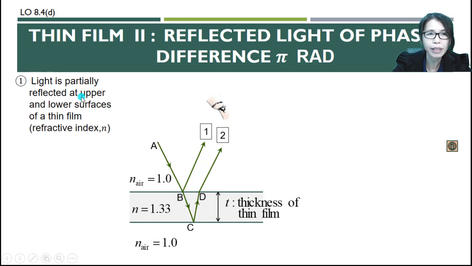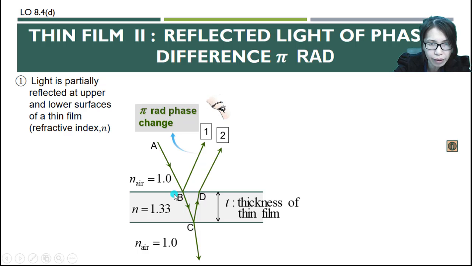Light will be partially reflected at the upper surface of the thin film, forming reflected ray 1, and at the lower surface of the thin film, forming reflected ray 2. Reflected ray 1 will experience a pi radian phase change because it is reflected when it travels from less dense to denser medium.